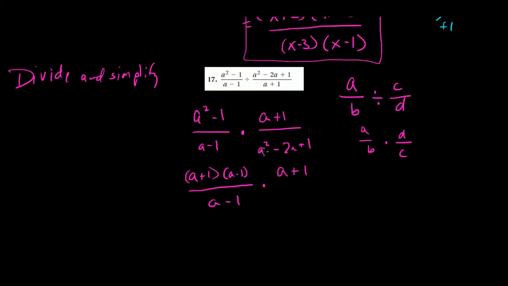And again, this denominator is something that you should be able to recognize as a perfect square trinomial, which is to say it is a minus 1 squared, or times a minus 1, right? A times a is a squared. 1 times 1 is 1. If I multiply those two terms and then double it, oops, it's not plus though, it's minus. Thanks for catching that.